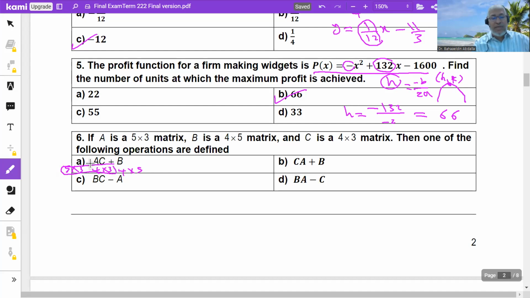The product is not defined because here we have 3 and here we have 4. 3 columns, 4 rows, that's not possible. So A is not correct.